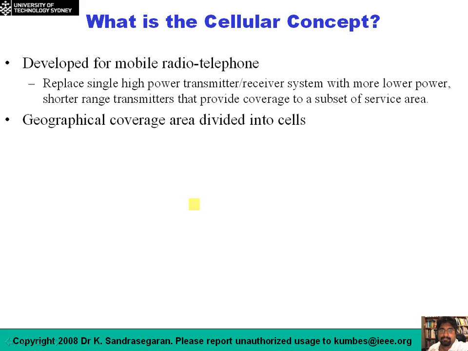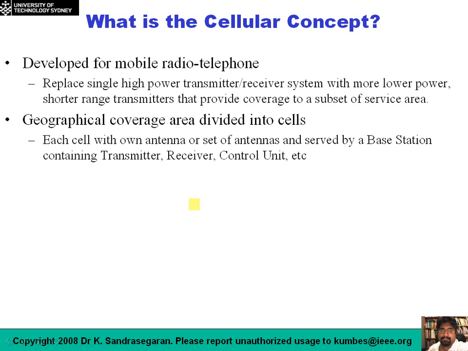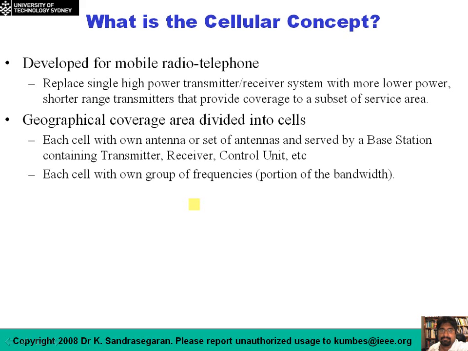So the idea was to take your geographical area and divide it into cells, and each cell had its own set of antennas and its own base station, and inside the base station you had transmitting and receiving units and control units, and each of these base stations covered a subset of the coverage area.